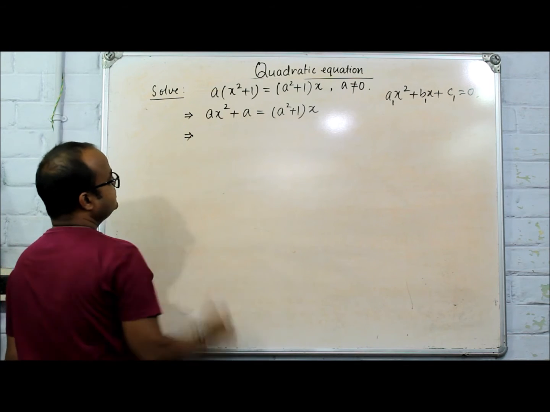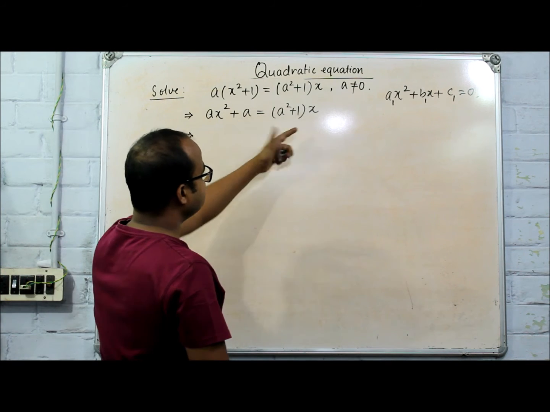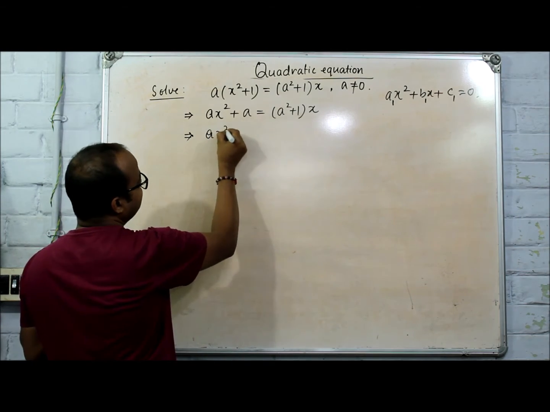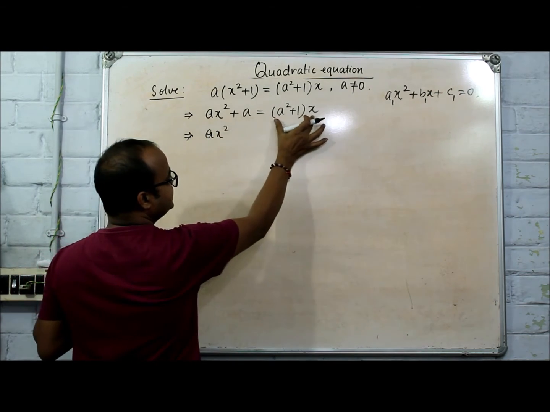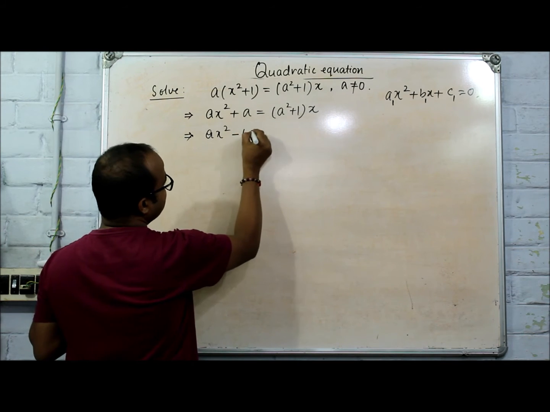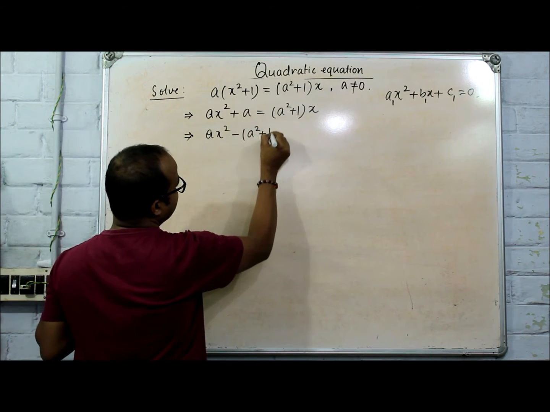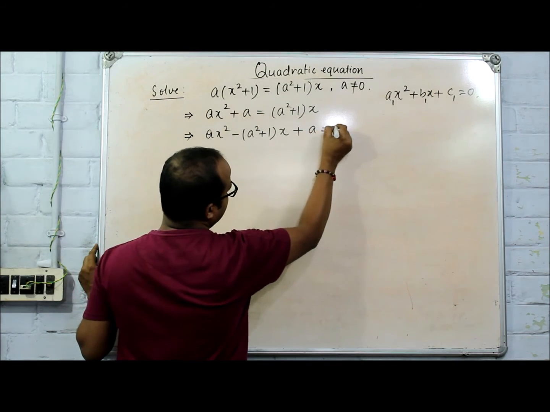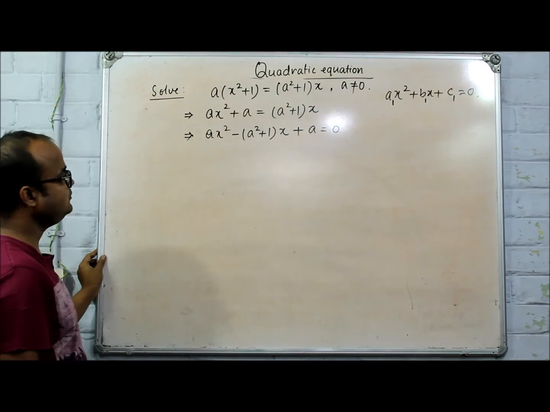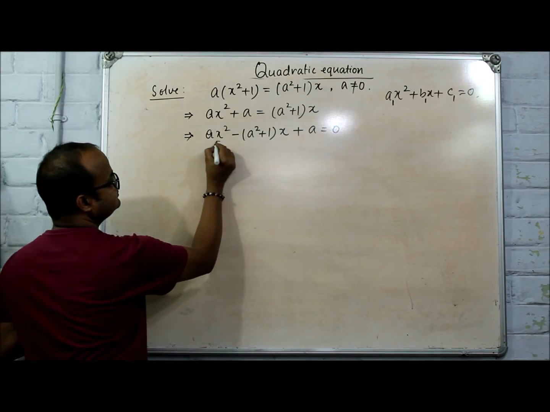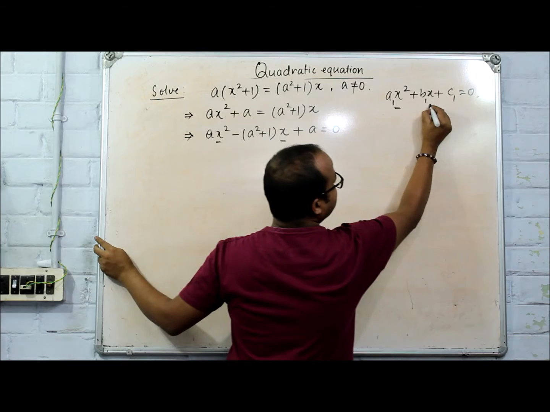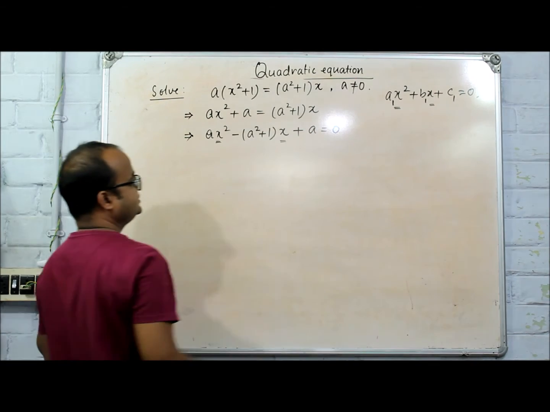If we arrange this in the standard form, this will be the leading term ax square, minus of this term, so minus of a square plus 1 into x, plus a is equal to 0. Square term, linear term, followed by the constant.